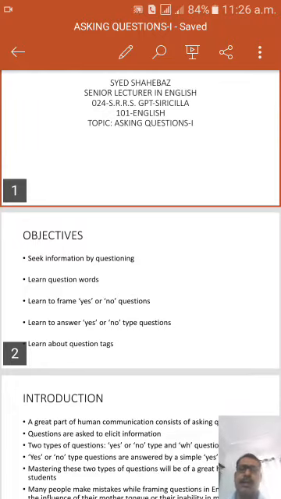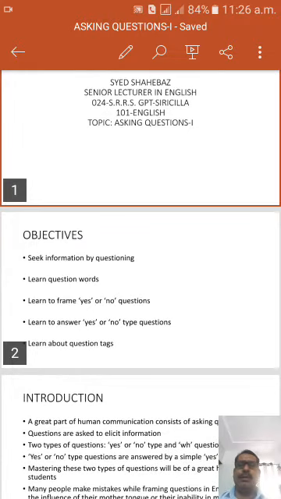So these are the objectives of the lesson: seeking information by questioning, learning questioning words, learning to frame yes or no type questions, learning to answer yes or no type questions, and learning about question tags. These are the broad objectives of this lesson.